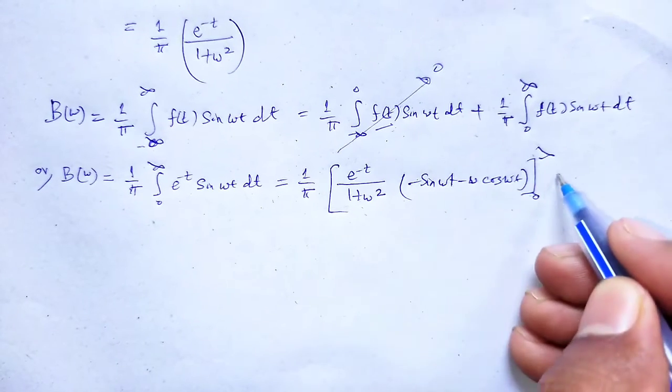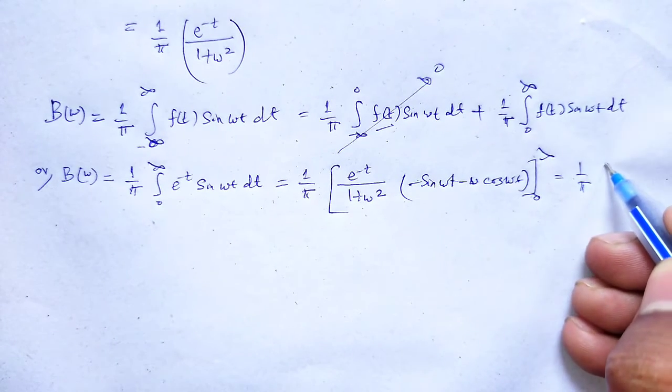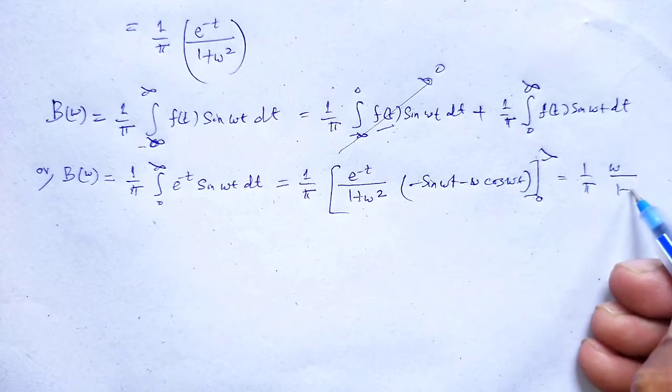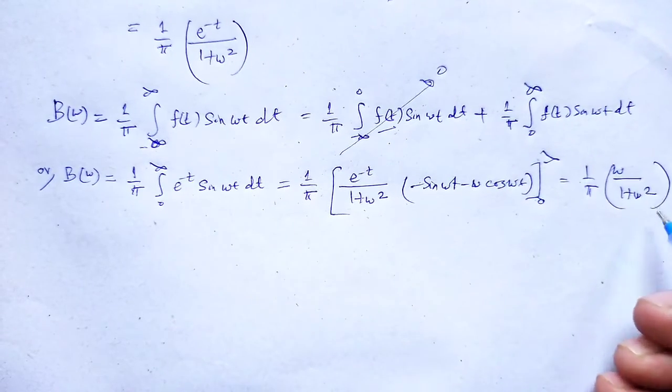The result is 1 by pi times omega divided by 1 plus omega square.